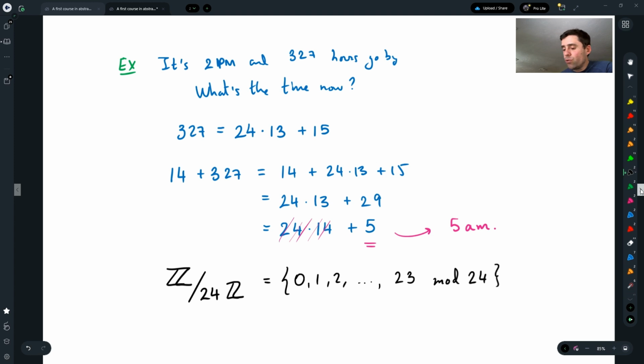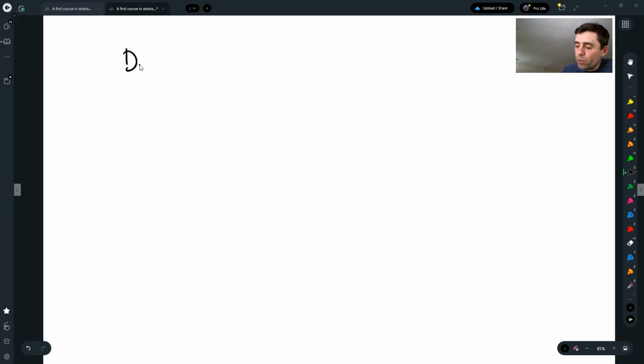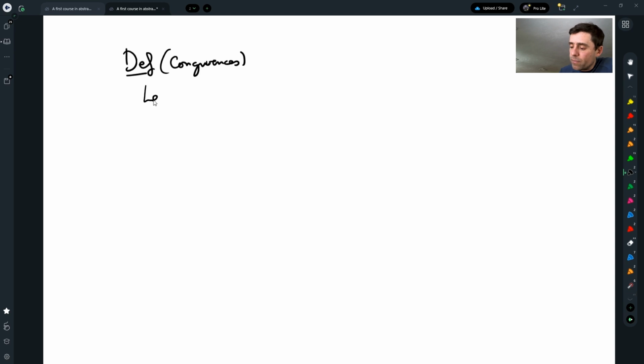So we are going to define what we call congruences. Let A and B be integers and n bigger than 1.